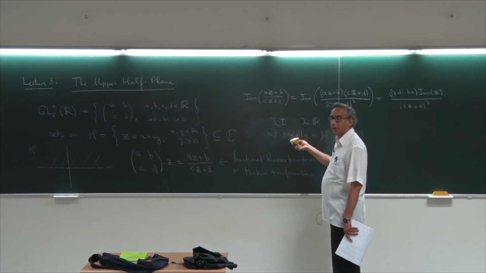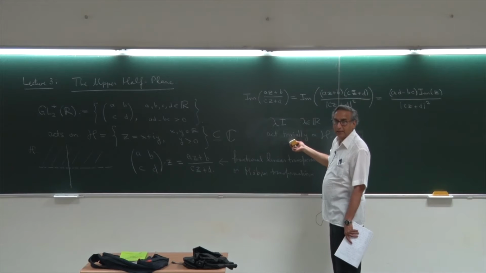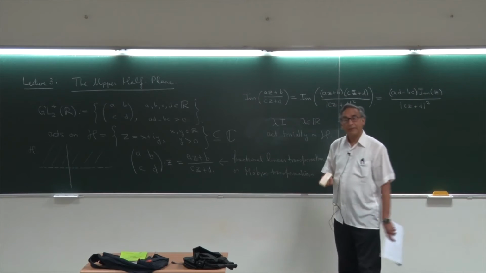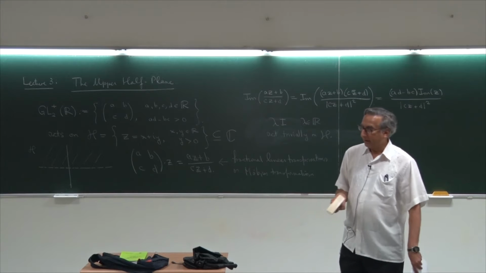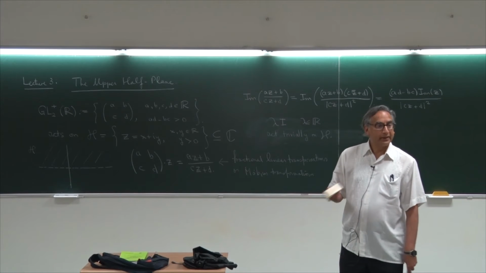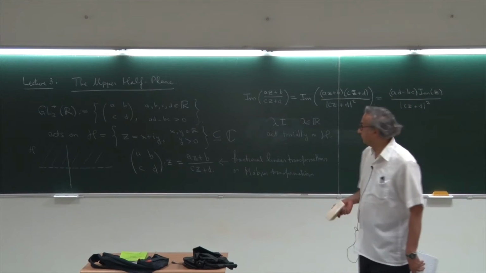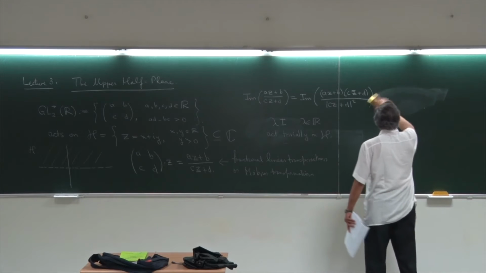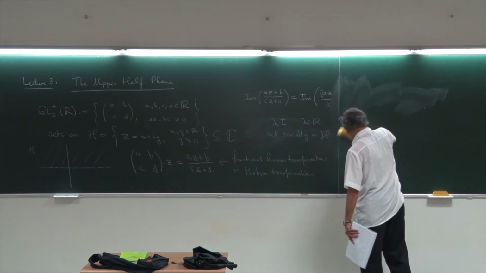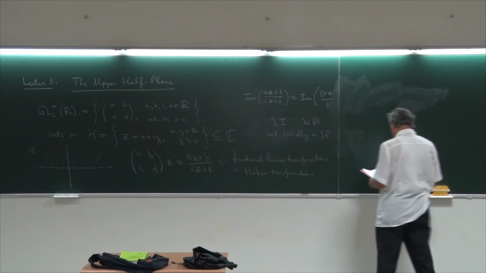In order to cut down the size and get what's called a faithful action, which means that the only element in the group that fixes the whole thing is the identity element, we mod out by all the scalars.